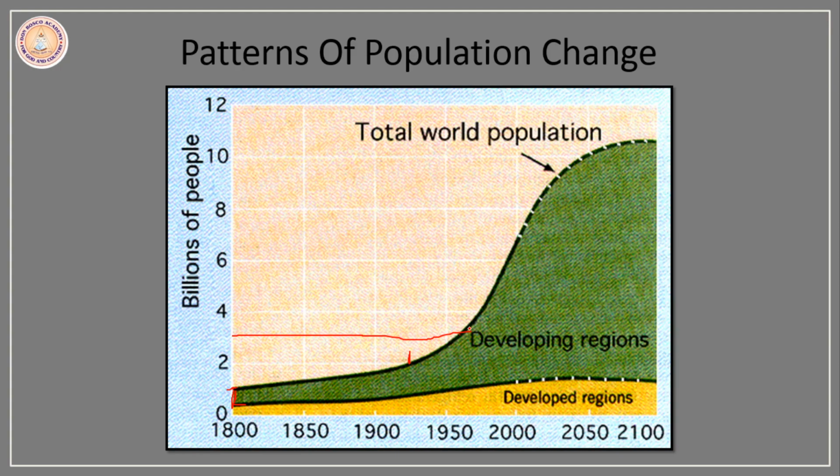And after 1960, we find that the steepness of this graph has increased. And as a result, there has been a very fast increase in the population. And now we have reached the point where we are at 7.8 billion.